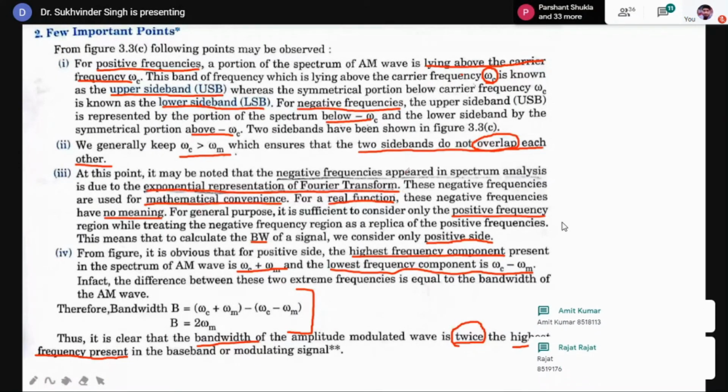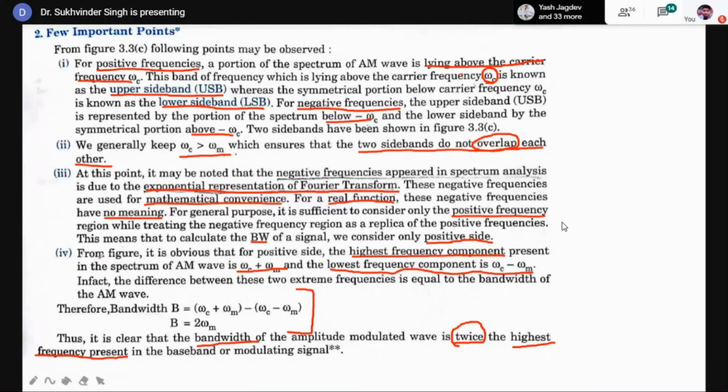However, in real physical meaning, negative frequencies do not have any application. This is simply a mathematical representation by applying the Fourier transform. In bandwidth, we always talk about the positive side of the spectrum only.